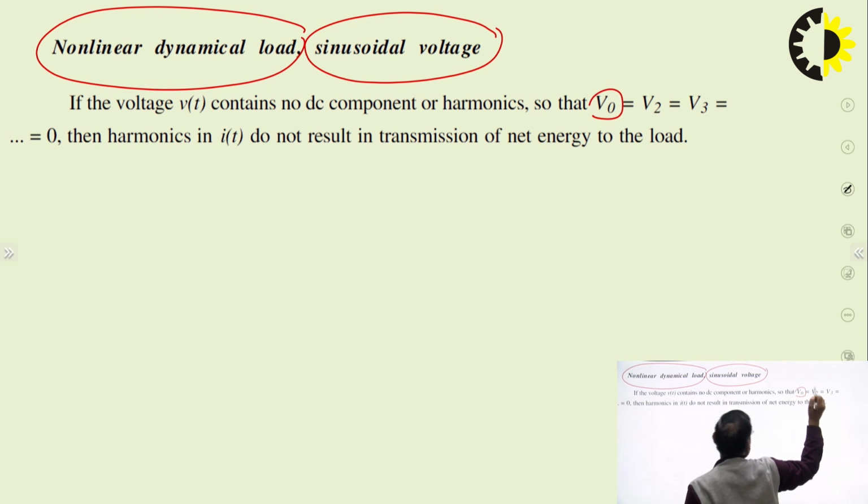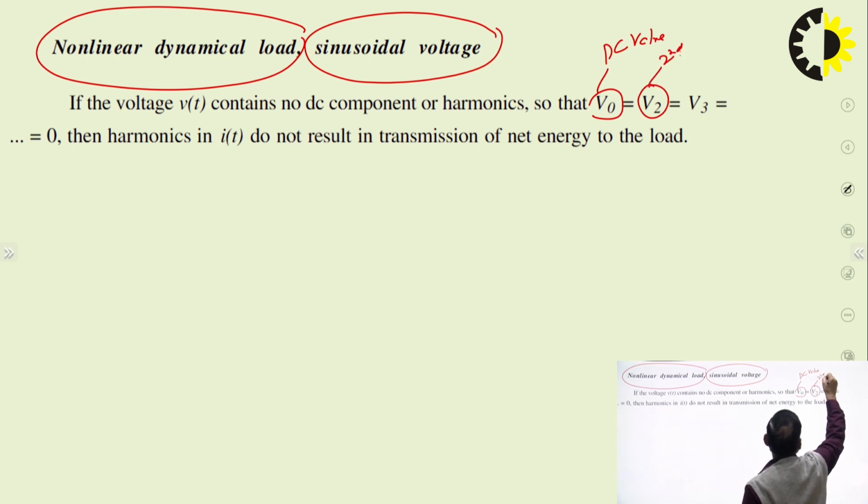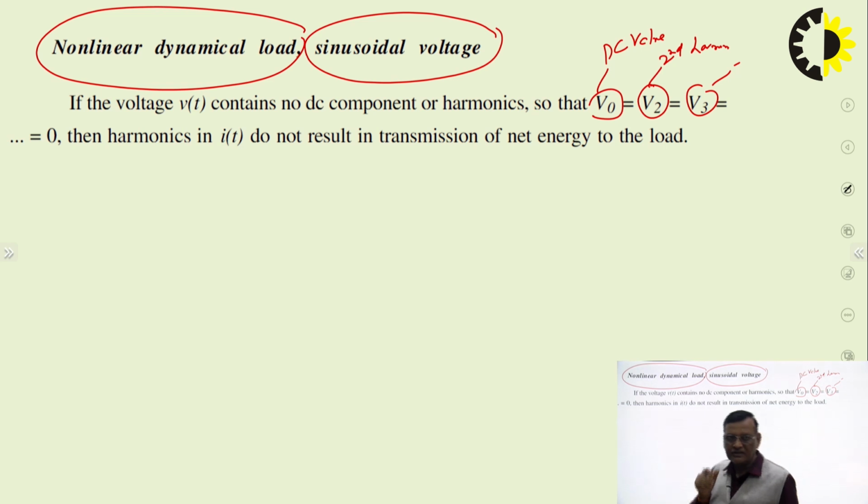So all the harmonics are absent because the supply is purely sinusoidal.